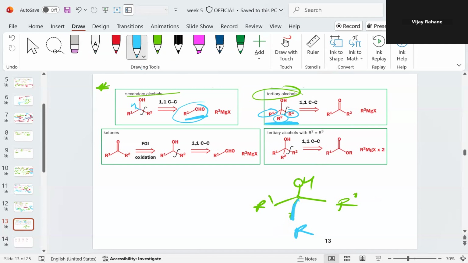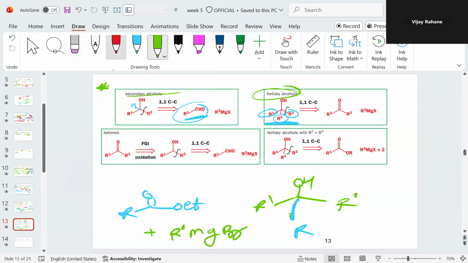So if you have such an alcohol, then this can come from either R double bond O E T, plus R dash MgBr. If you look at the color coding, it might be clear now. This R dash can add twice here, the first time and the second time, so it gives the one R dash and the two R dash.